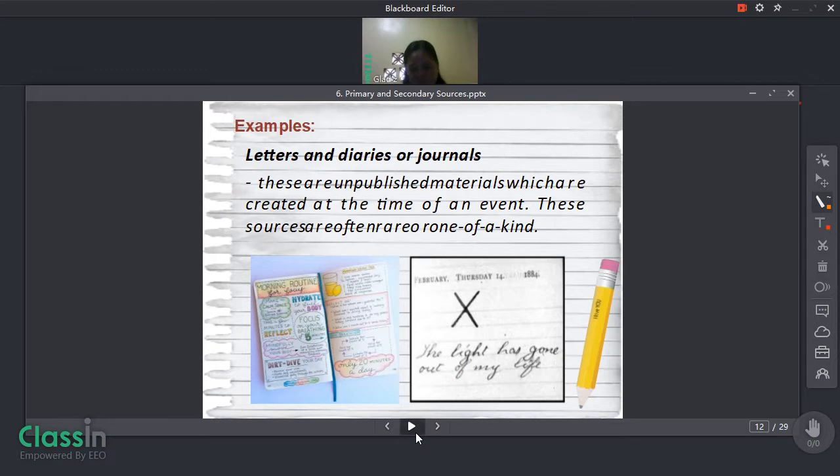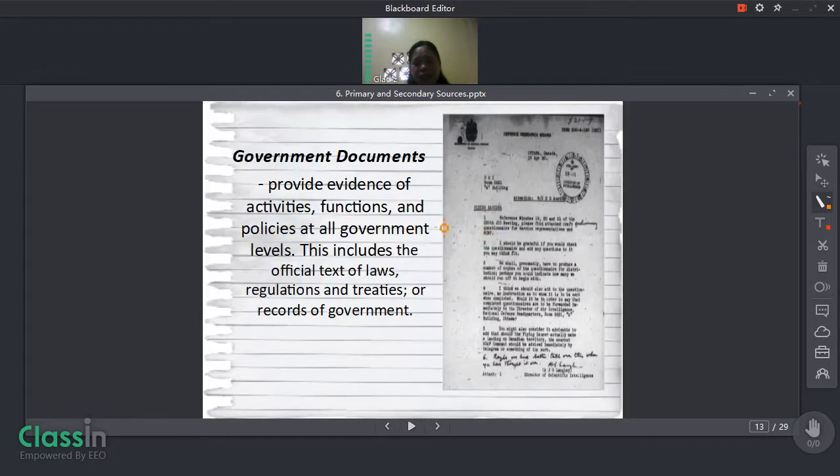Another one is government documents, for example the NSO or the PSA. Your birth certificate, which you have as you are born, is a primary source. And then marriage contract is also a primary source of information, even if you get married once, twice, thrice, they are still considered primary sources.